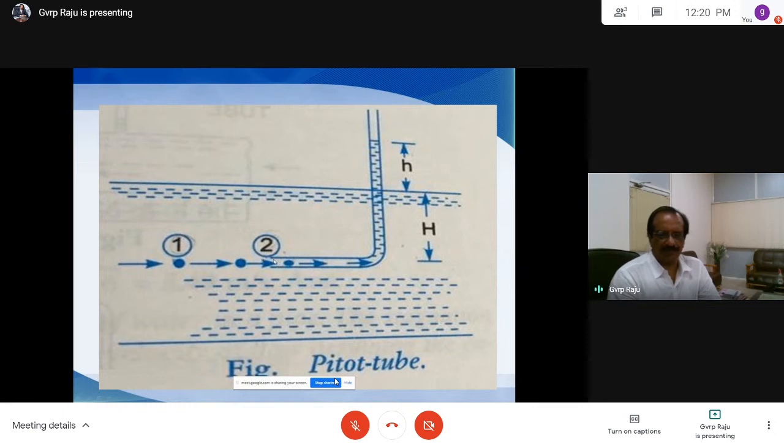One end is exposed to the flow at this point, and the other end is open to the atmosphere. The pitot tube is a bent tube made at right angles, with one end open in the atmosphere and the other end exposed to the water.